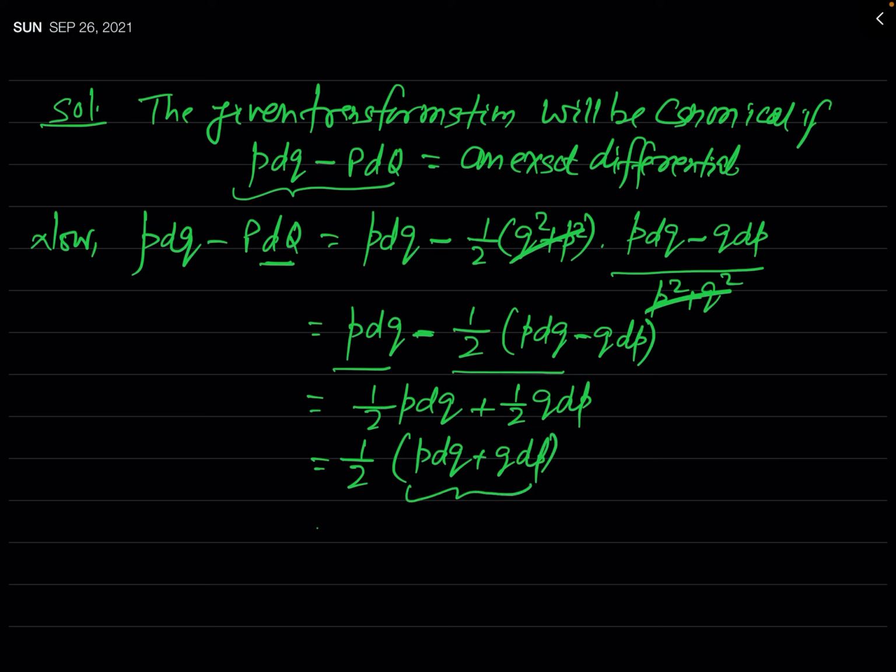But what is this? p dq plus q dp, this is just differential of the product of p and q. So this is half differential of pq. And since half is a constant factor, so you may also write it like this. This is d of half pq. So differential of half pq, it means this is an exact differential.